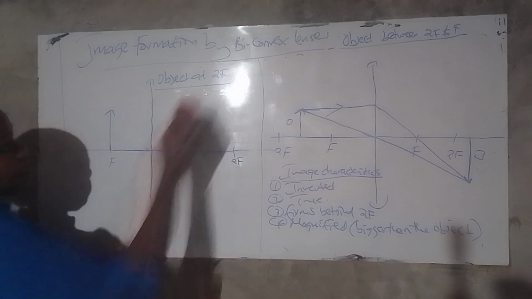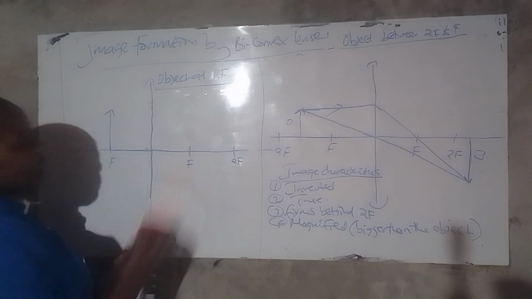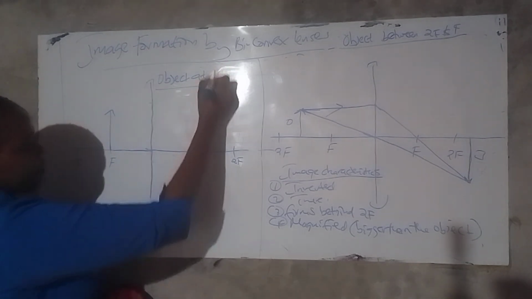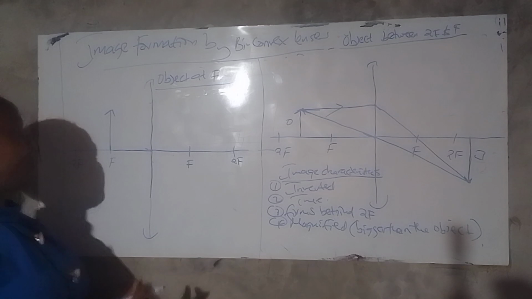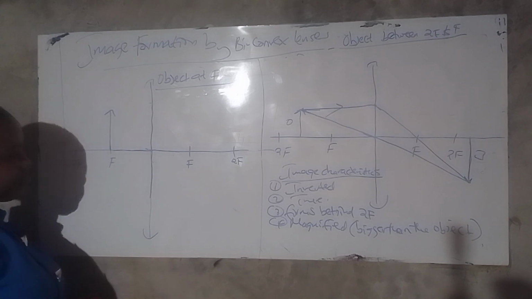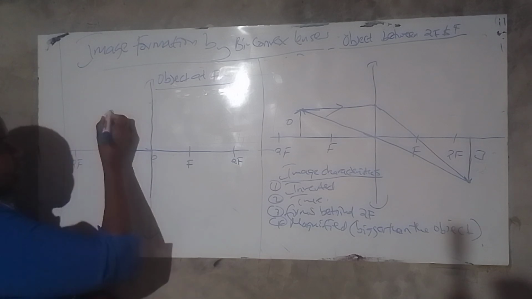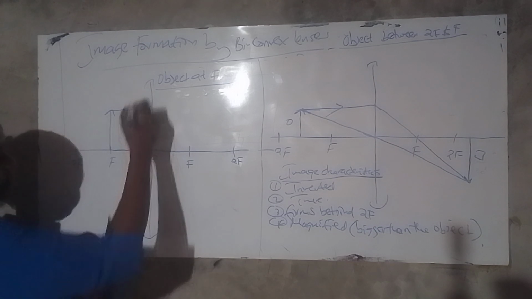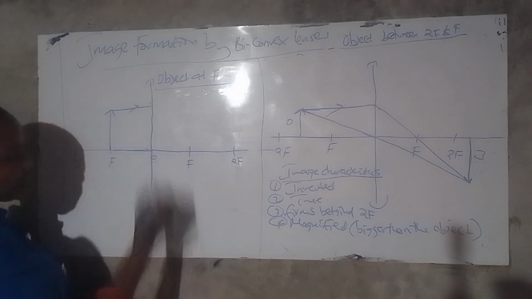Okay, so now instead of 2F, I have object at F. Object at F, so it's there. So we follow the same rules. A ray that is parallel to the principal axis should be refracted through the principal focus.